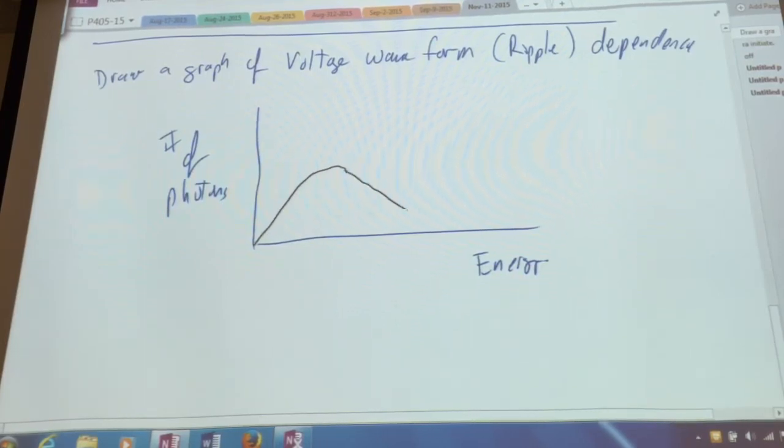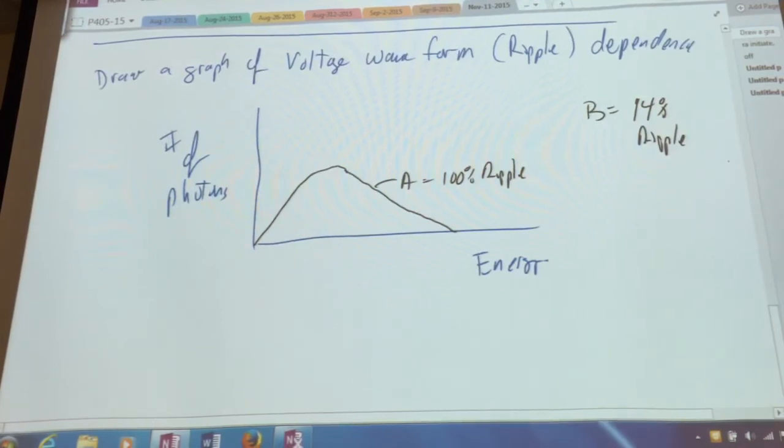So I'm going to let this be lots of ripple. I'll call A 100% ripple. And we'll let B be 14% ripple. So how does B look relative to A?